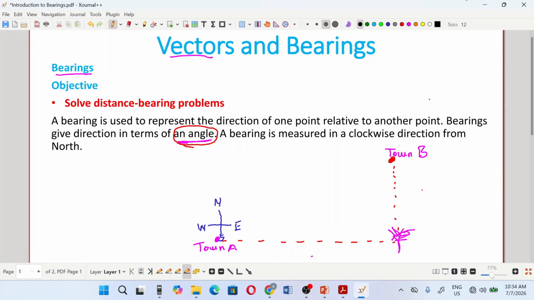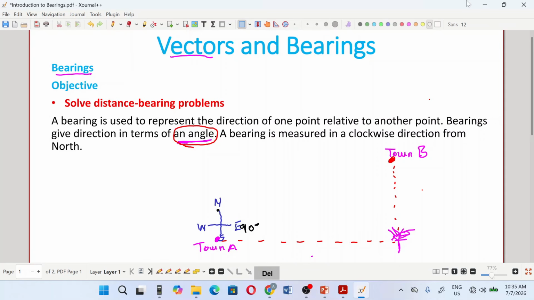If someone is at this point, we make reference to the geographical north, and the person wants to go to town B. From north to east we have a right angle, so the whole of this first quadrant is 90 degrees.